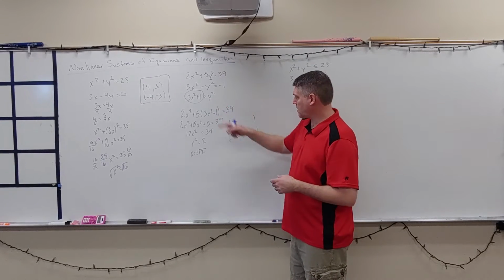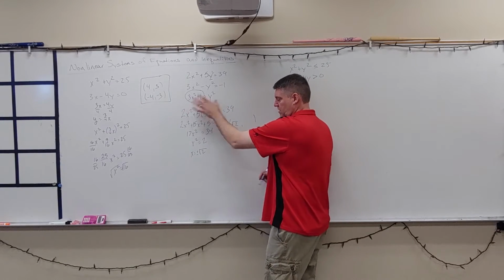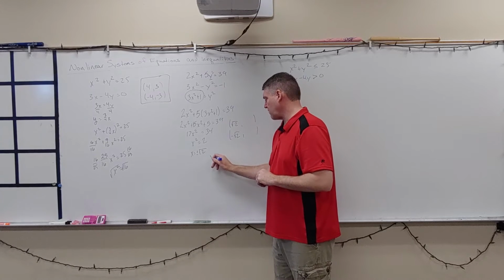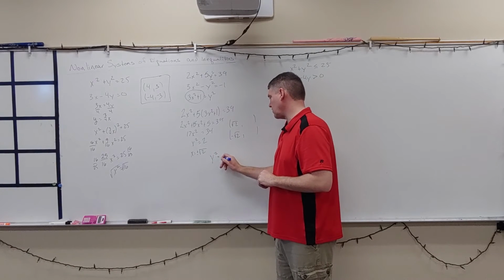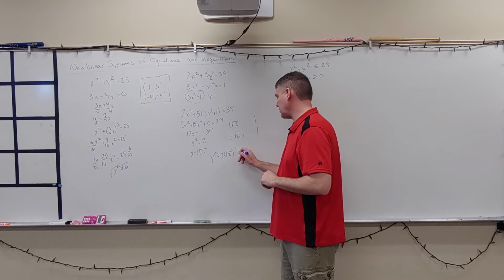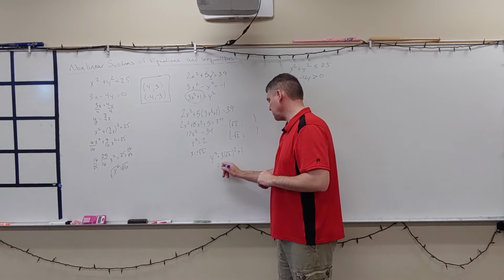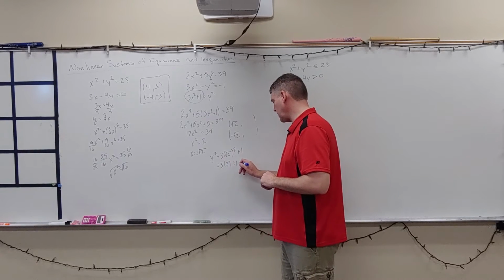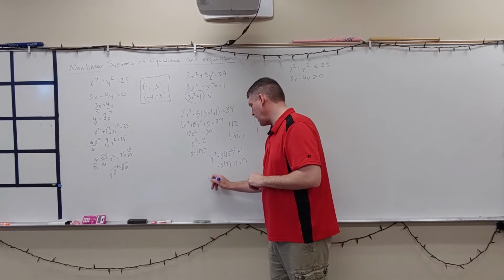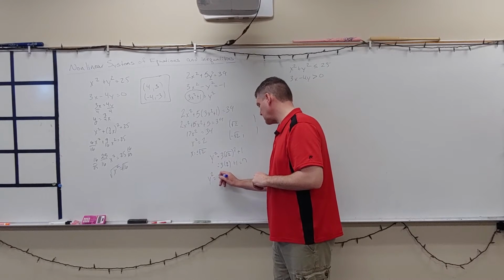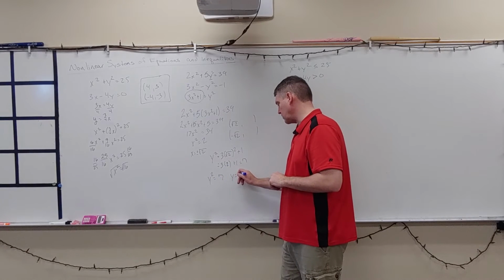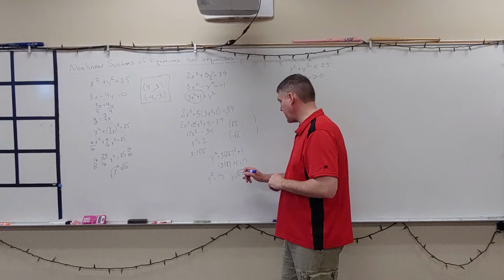I'm going to plug it in right here because I already have y squared equals. So y squared equals 3 times the square root of 2 squared plus 1. This gives me 3 times 2 plus 1, or 7. So y squared equals 7, or y equals plus or minus the square root of 7.